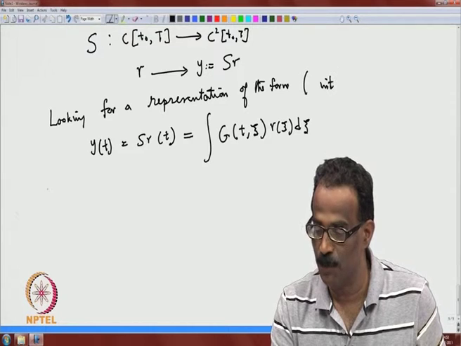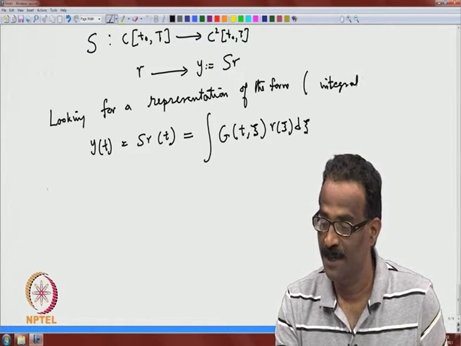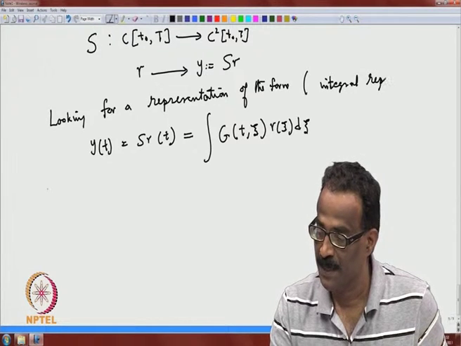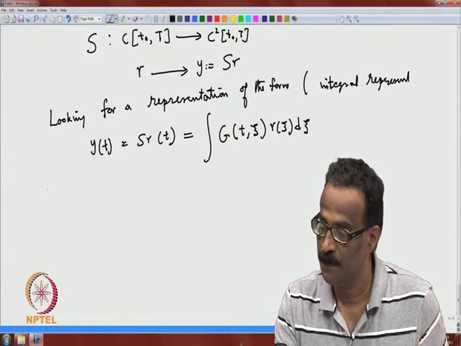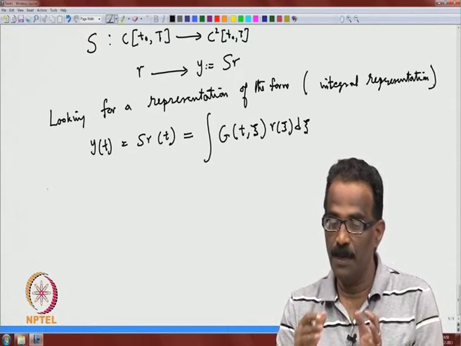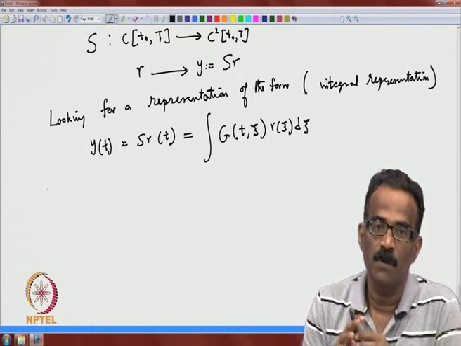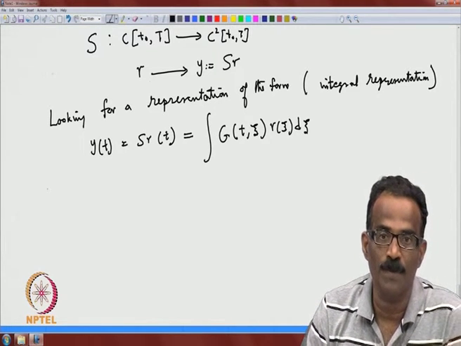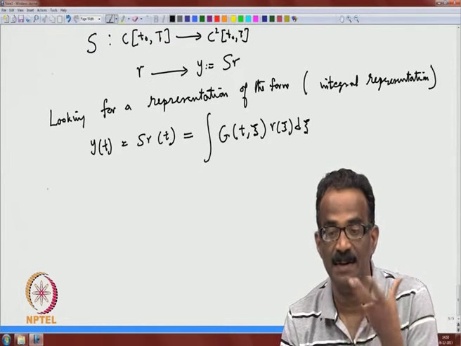It is slightly more general; you cannot have an easy integral representation. If you realize, one of the classical theories is finding solutions to integral operators where a certain kernel is given.